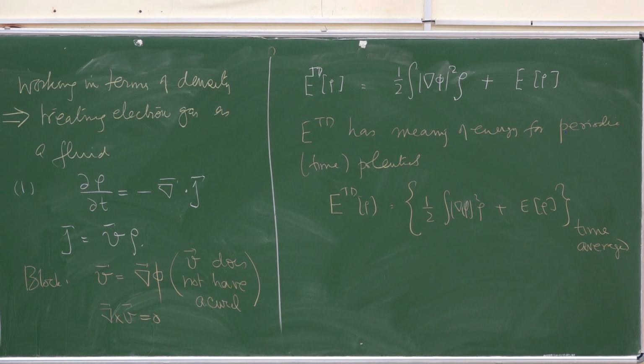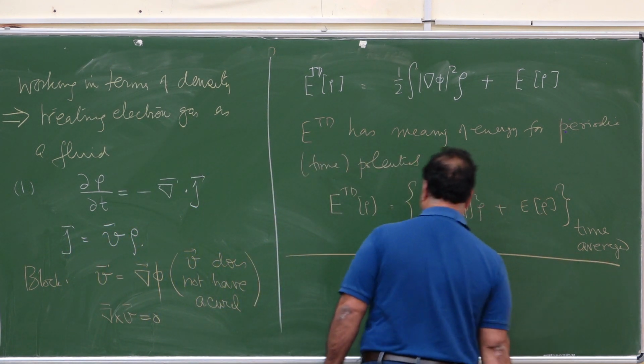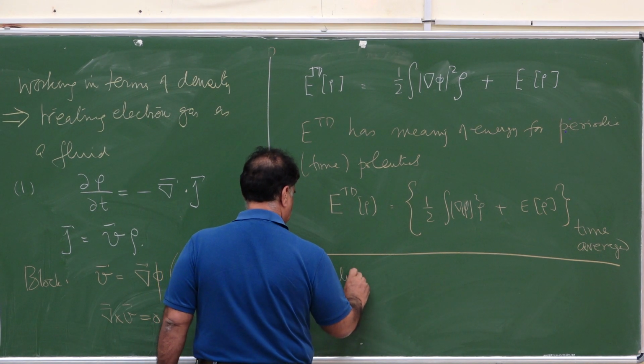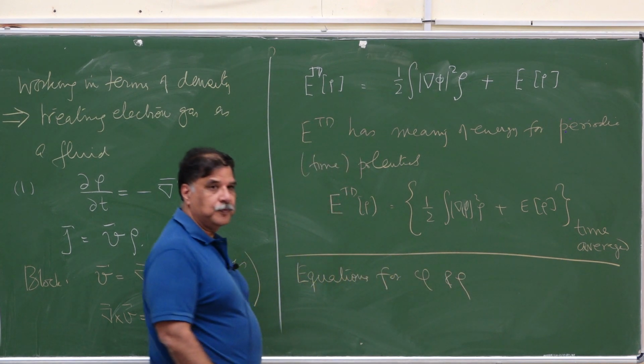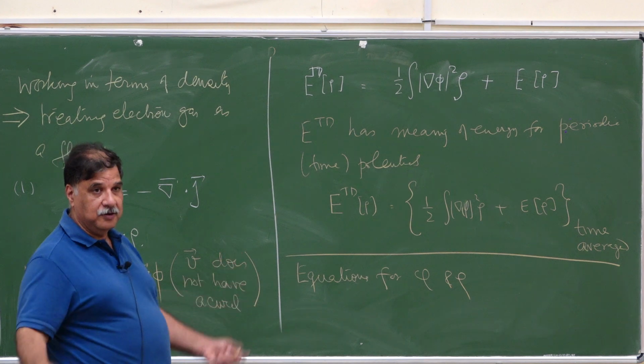Otherwise, there is a functional there, E TD, some function. Now, what I'm going to show you is, now I want to get the equation for phi and rho. How do we get that? Right? This is time dependent, so I don't know how to minimize it.